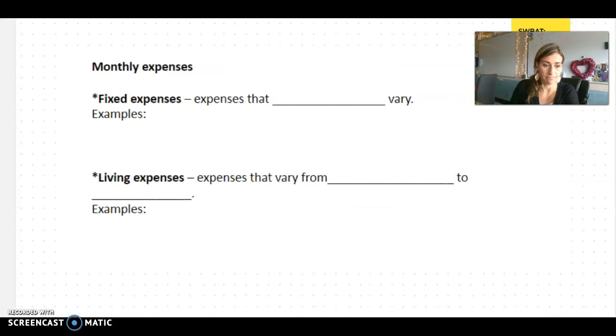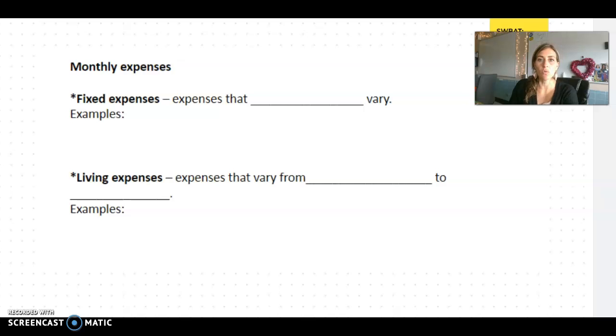income coming in. Alright, so when you are spending money monthly, there's two types of categories that you're going to find that you're spending that money on, and one is called fixed and one is called living, or you may hear it or see it as variable expenses. So your fixed expenses are the expenses that you can count on.